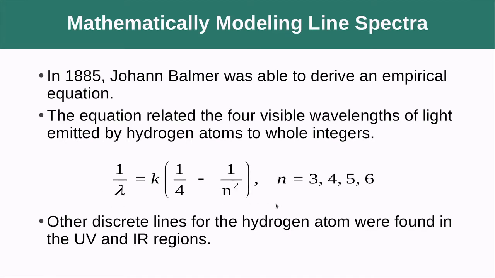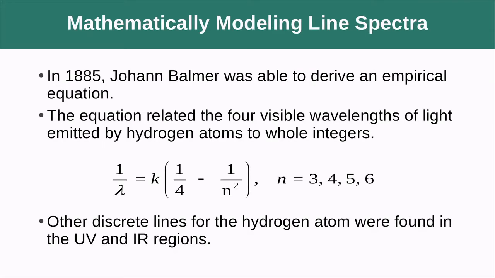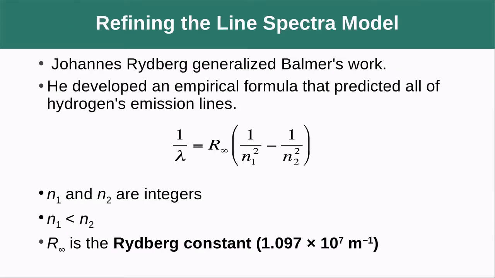Other discrete lines for hydrogen atoms were found in the UV and IR regions, and Balmer's equation didn't really account for that.